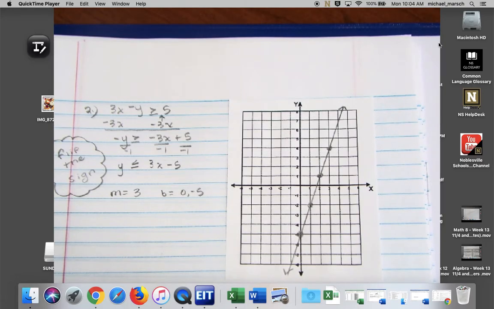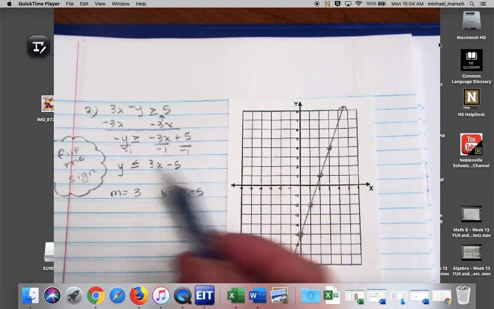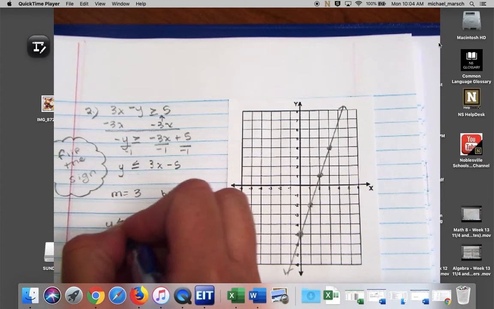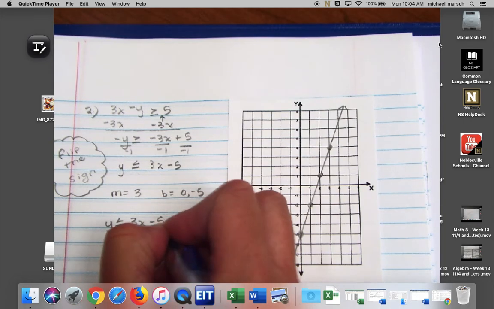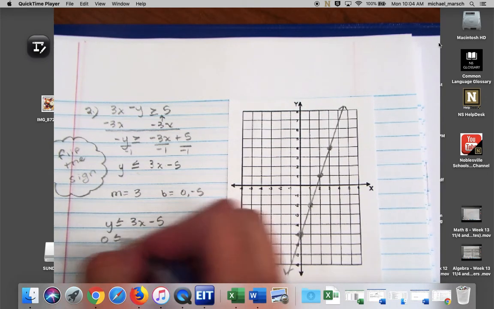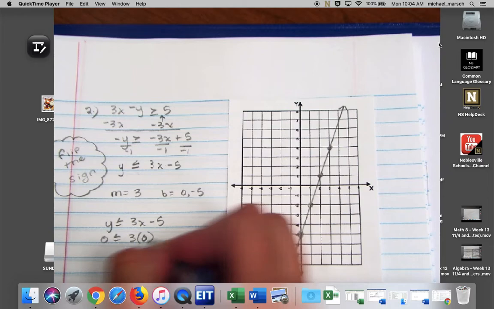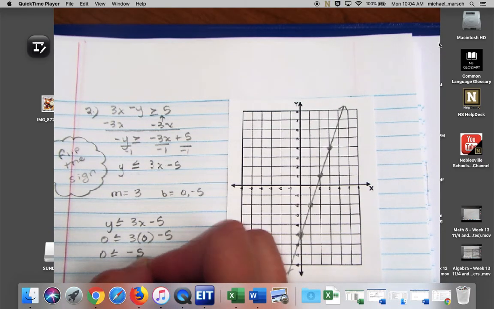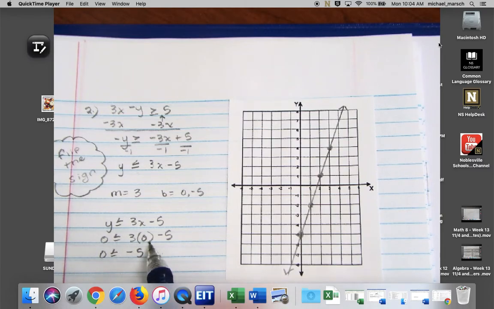And now I'm going to do that trick where I substitute in the ordered pair 0, 0 for x and y. So I have y is less than or equal to 3x minus 5. I'm going to put 0 in for y, 0 in for x. Is 0 less than or equal to negative 5, right? Because 3 times 0 is 0. 0 minus 5 gives me negative 5.